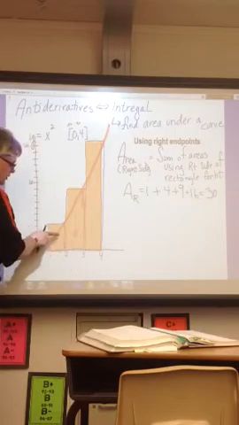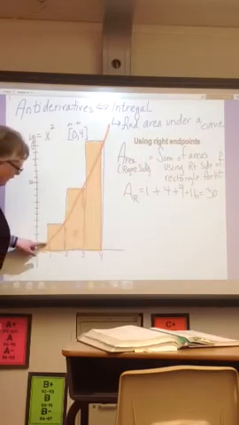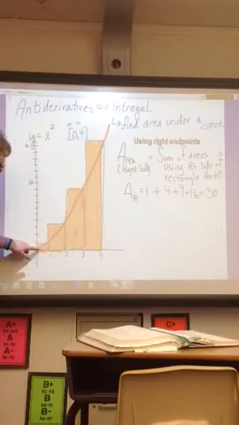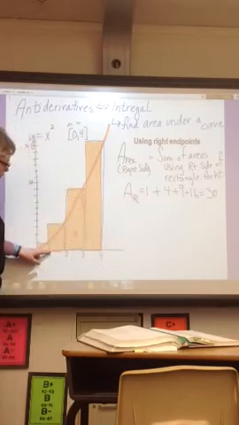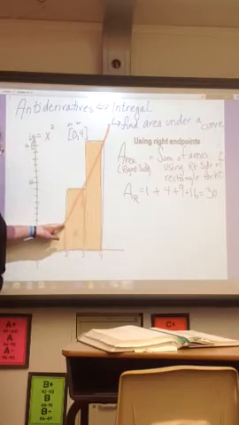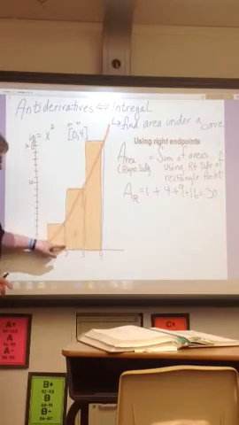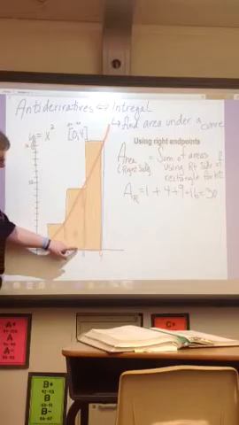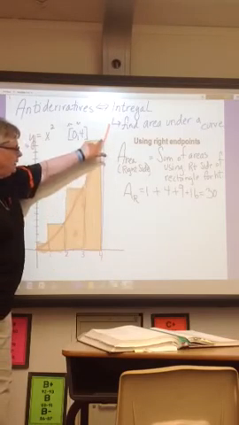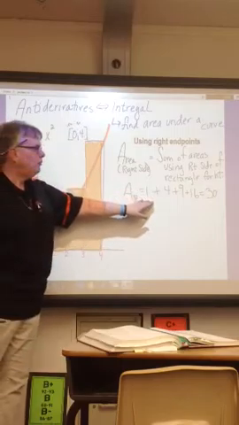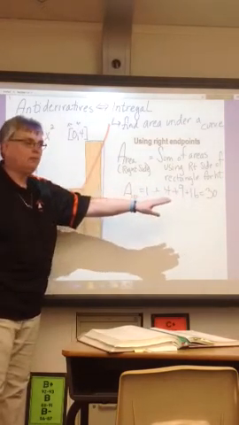The heights just change. So when I find the area of this, it's 1 by 1, so its area would be 1. This one is 1 by 4, because that's the y value at this point, it's 4 units up. This one is 1 by 9, and the last one is 1 by 16. And I add those up, and I get an area of 30.